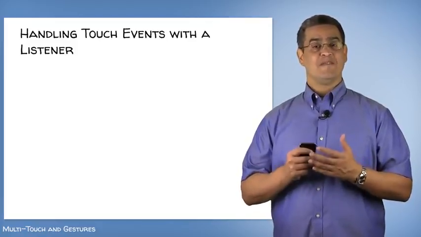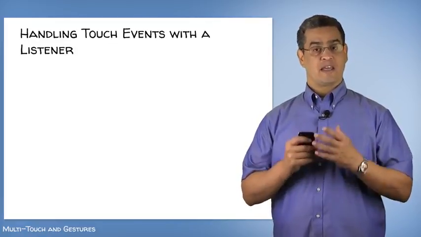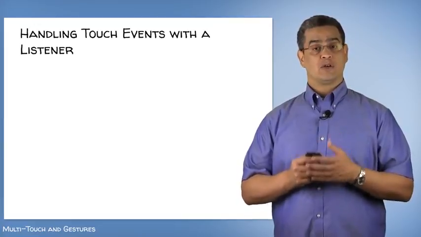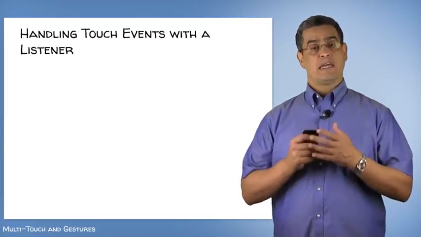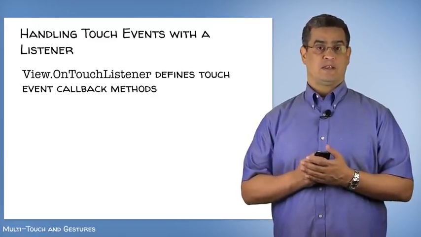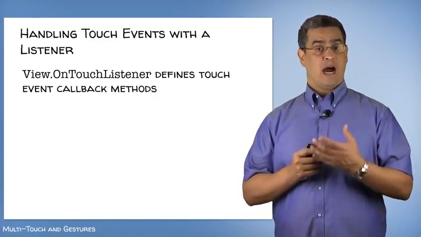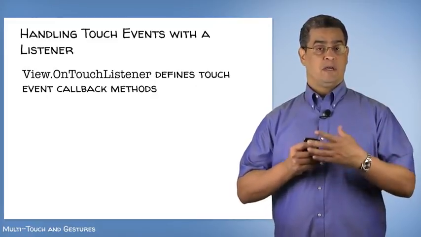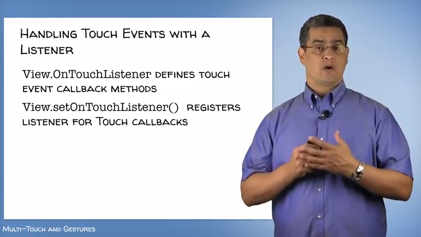Objects interested in receiving motion events that occur on a given view can register to receive those events by implementing the view's OnTouchListener interface and by registering the object with the view.setOnTouchListener method.